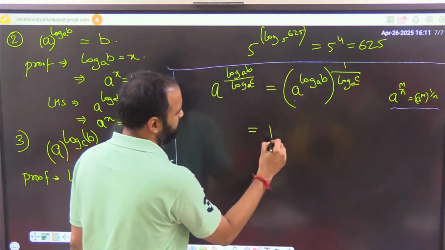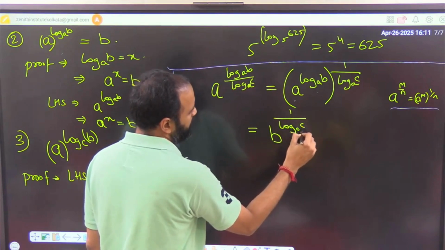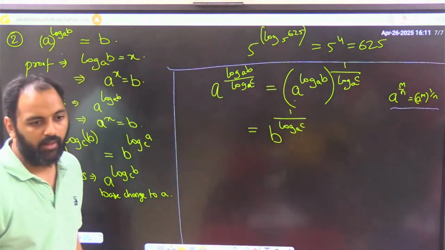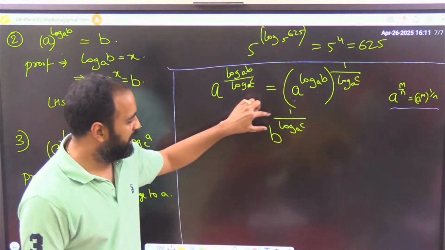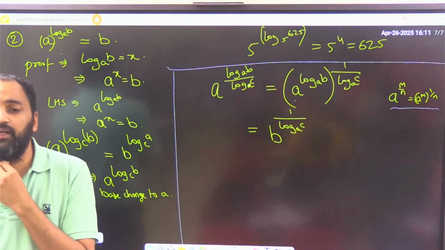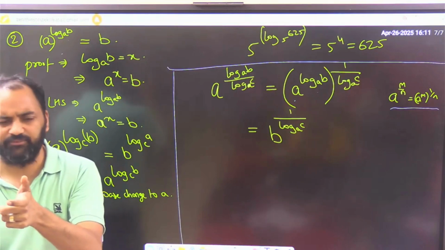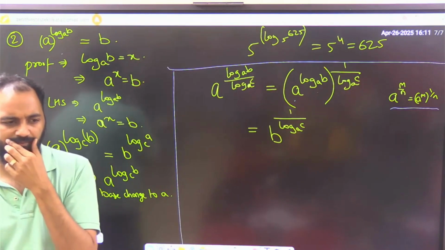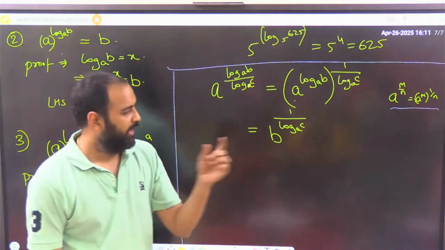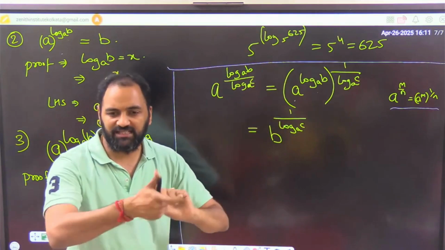So this becomes b to the power of 1 by log of c to the base a. But what will be the value of 1 by log c to the base a? The value is in the reciprocal form. How can we adjust it?